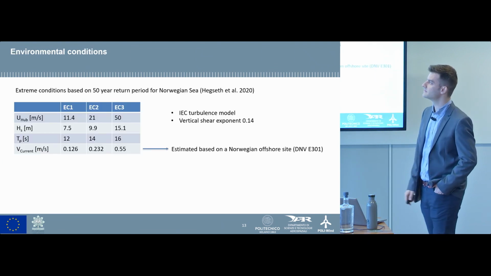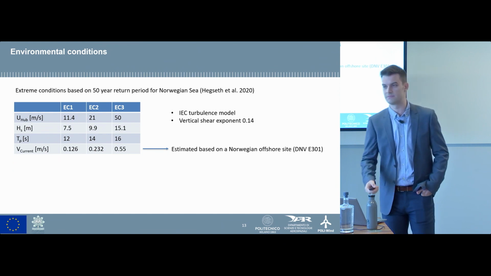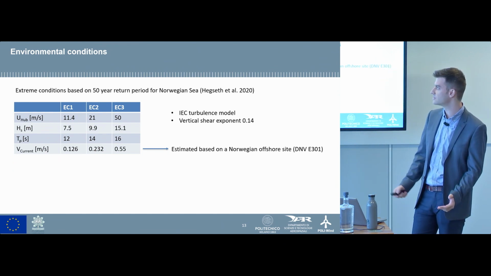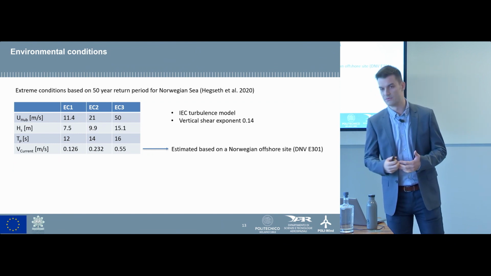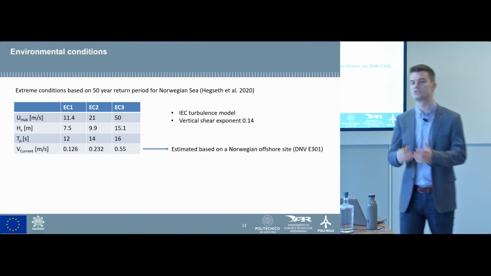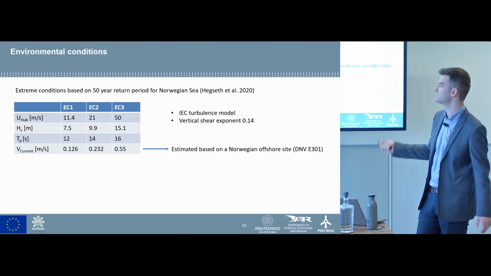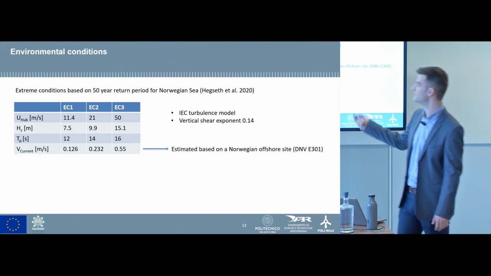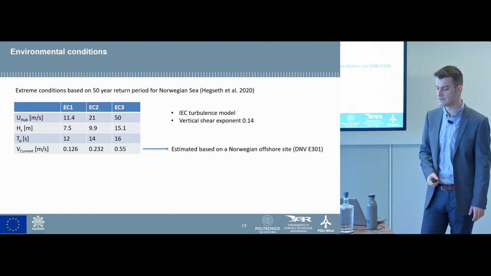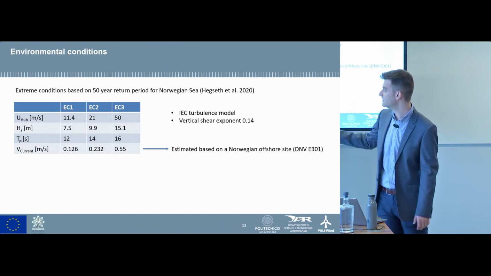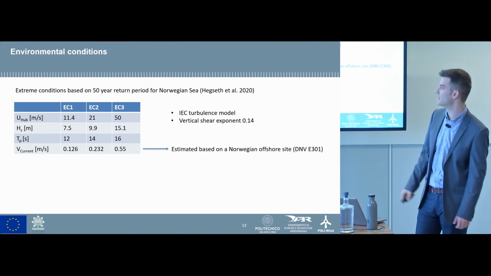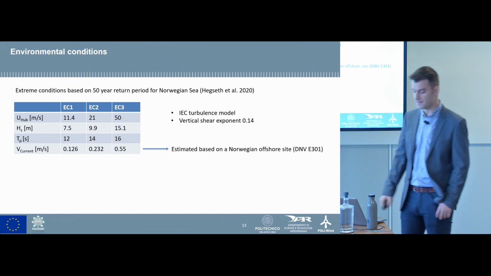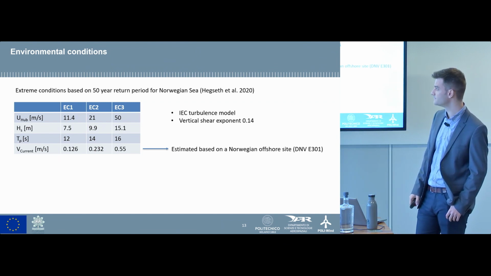And for the environmental conditions, as I said before, I have used the ultimate limit states as design drivers. So we are running extreme conditions for each design candidate, and these are the extreme conditions that we are simulating. These are taken from the 50-year return period for the Norwegian Sea. As you can see in this table, the values for significant wave height, hub height wind velocity, and mean wave period.